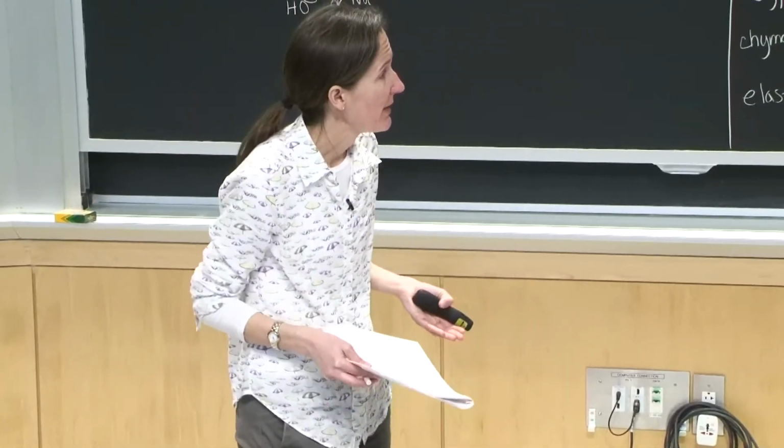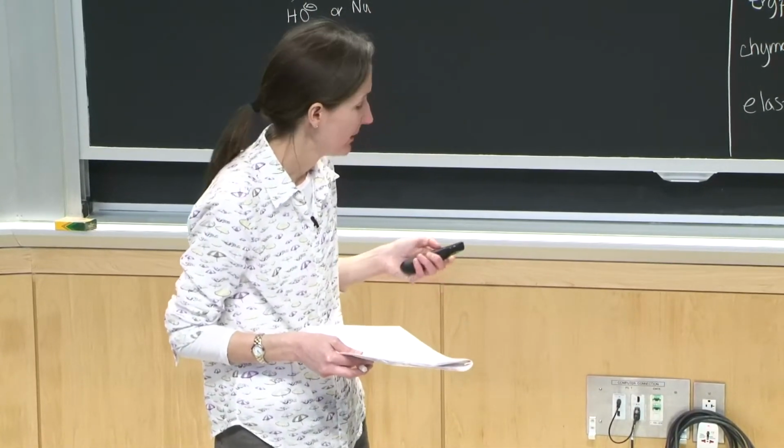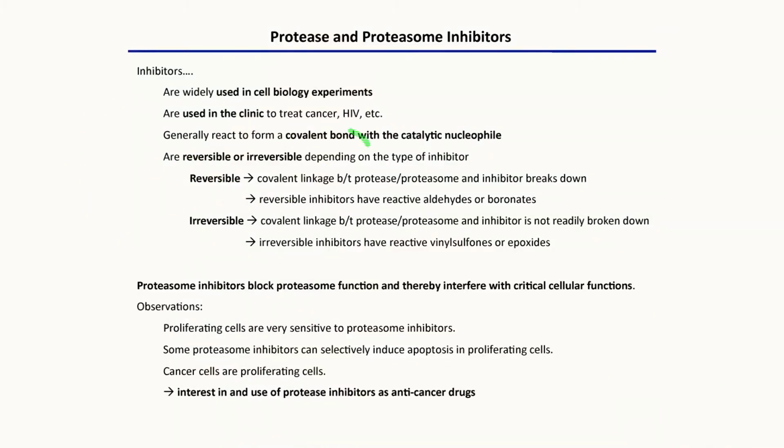So as those names indicate, if it's a reversible inhibitor, that covalent linkage between the protease or the proteasome and the inhibitor can be broken down. And types of reversible inhibitors, for instance, use aldehydes as the reactive group. So in contrast, the irreversible inhibitors form a covalent linkage that is not readily broken down with the catalytic nucleophile.